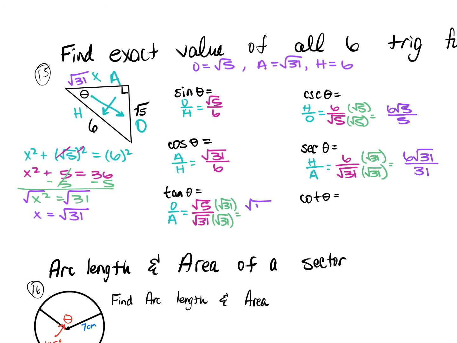So the square root of 155 over 31. For your cotangent, again, reciprocal of tangent, so adjacent over opposite, means that you're going to have the square root of 31 over the square root of 5. Rationalize your denominator, multiply top and bottom by the square root of 5, and that just gives you the square root of 155 all over 5.